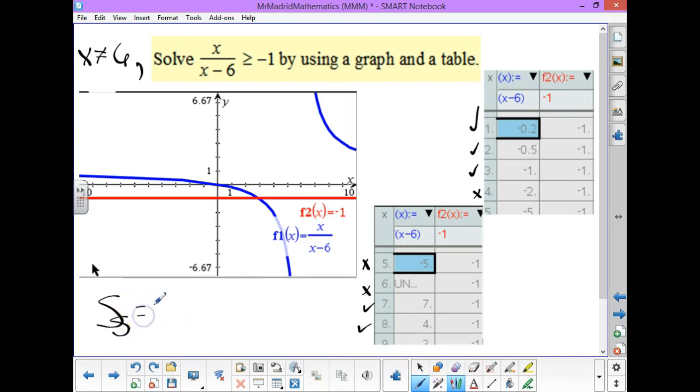The solution set we can say is all the x's, and we can use set builder notation as a review. So the solution set is the set of all x's such that x is what?